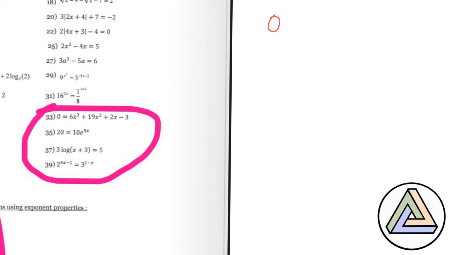So we have 0 equals 6x cubed plus 19x squared plus 2x minus 3, and once again focusing on 2 at a time, right? It's already in descending order, so we are good to go. So let's see, well, actually what we have is a scenario where we cannot factor by grouping.